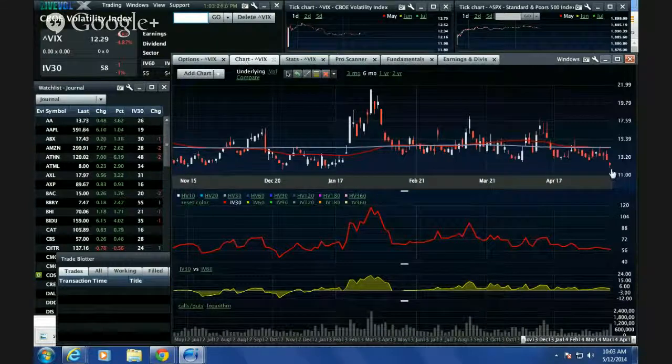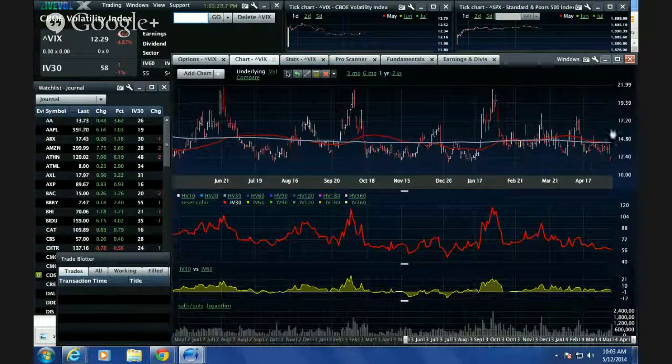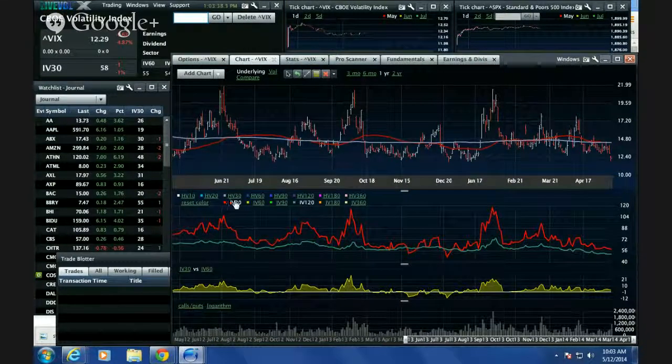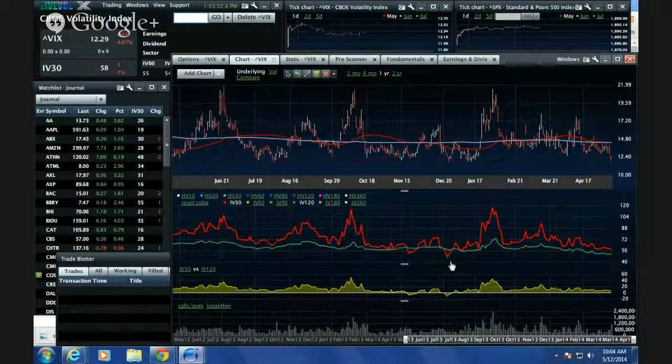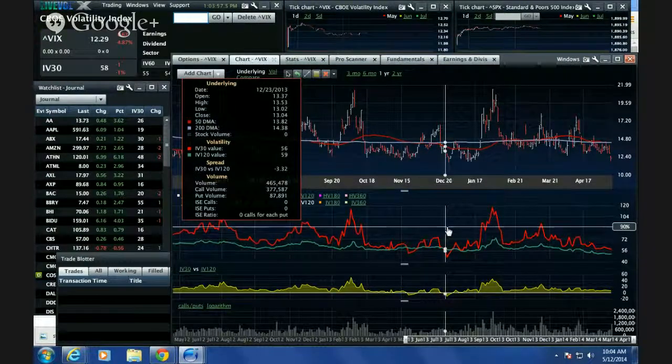You see how VIX has dropped quite a bit, and I guess what people are betting is that it's going to go higher. One of the interesting things I saw is I was comparing the IV30 versus the IV120. And it looks like every time it crosses over like this, it's pointing to a bottom.